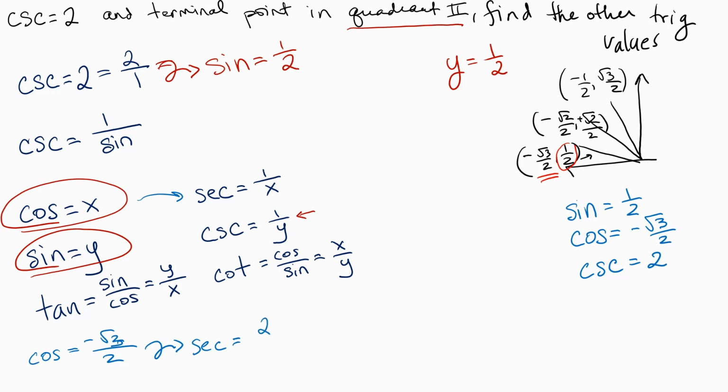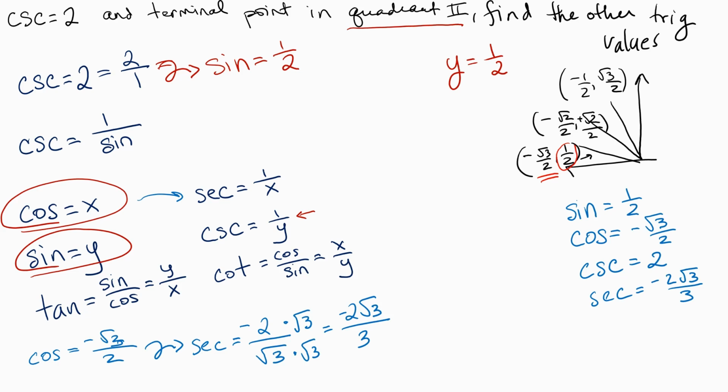So it's going to be 2 and then root 3 on the bottom. That negative sign still hangs out. But remember, we can't have radicals on the bottom. So we're going to multiply top and bottom by the radical. And so we get negative 2 root 3 over 3. So that is going to be our secant value, is negative 2 root 3 over 3.